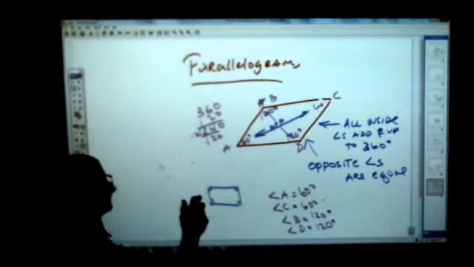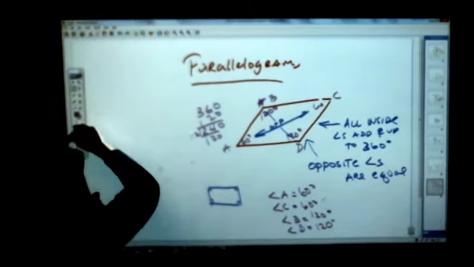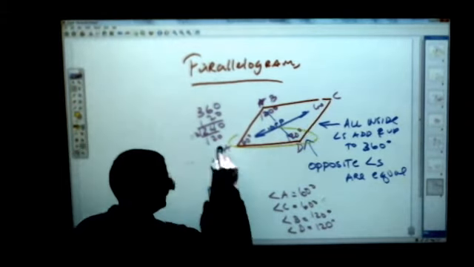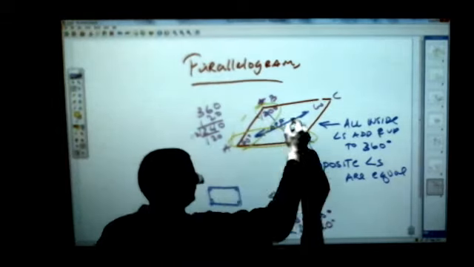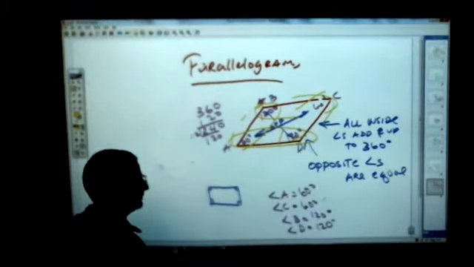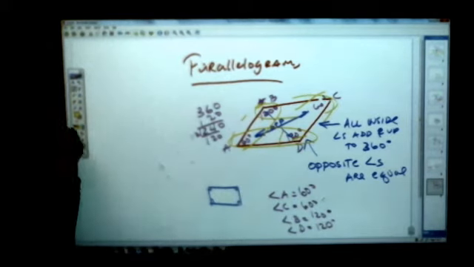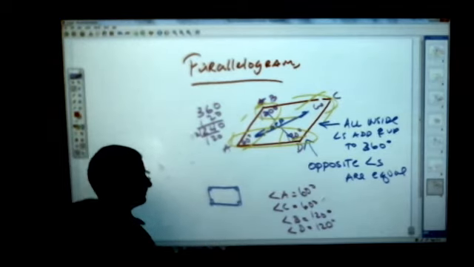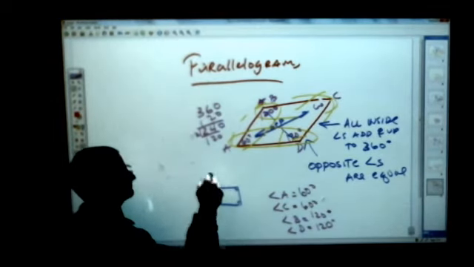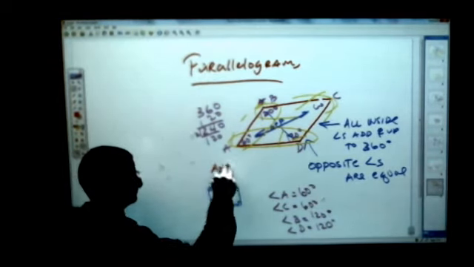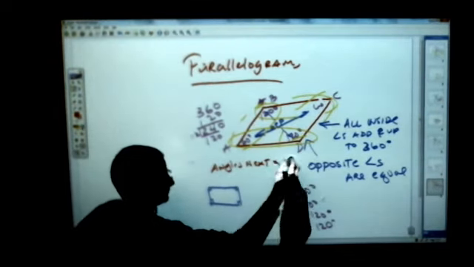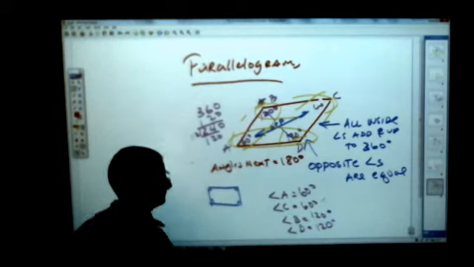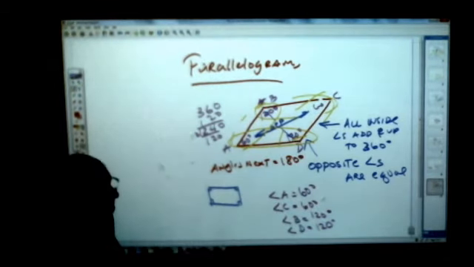I'm looking at just these angles put together, or those angles put together. Angles next to each other equal 180 degrees. They have to form a straight line actually.